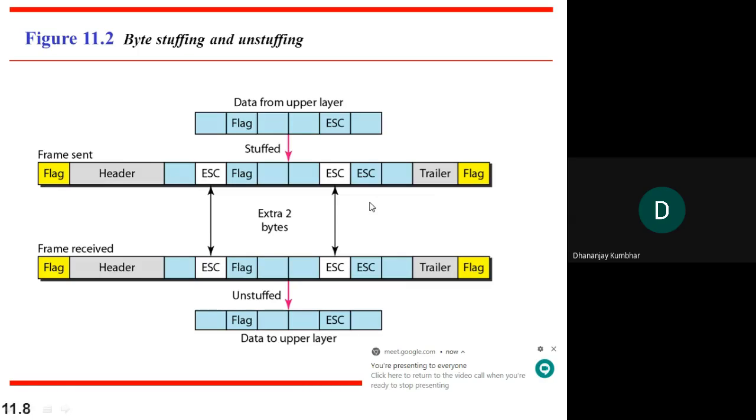Whenever we are transmitting the data, these first two indicate the transmitter side, and these two indicate the receiver side. Now just consider that this is your data. Whatever data is indicated in blue color has a data character in which flag is used.